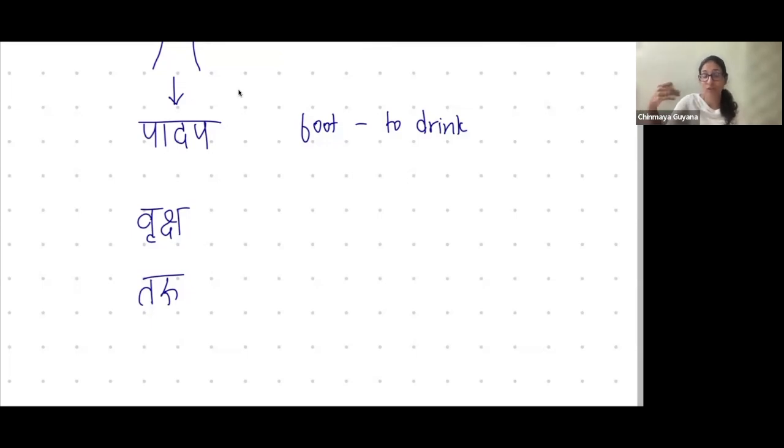So when you start to use Sanskrit words and you start to see the meaning of those words, it brings a whole new perspective to the way you see the world. It is very different than English, and it is very transformative when you start to think like this. That is why you can never get the full translation when you go from Sanskrit to English just using one word. So now there's 3 words to represent the word tree.